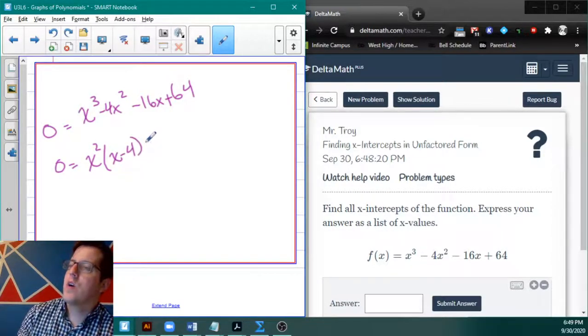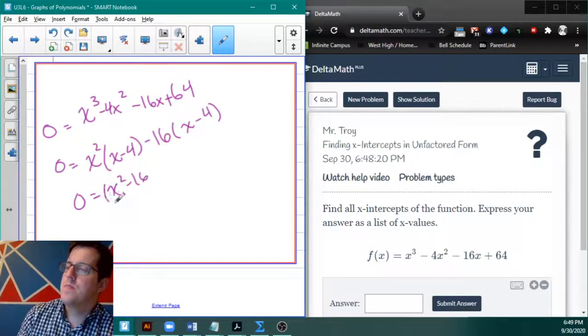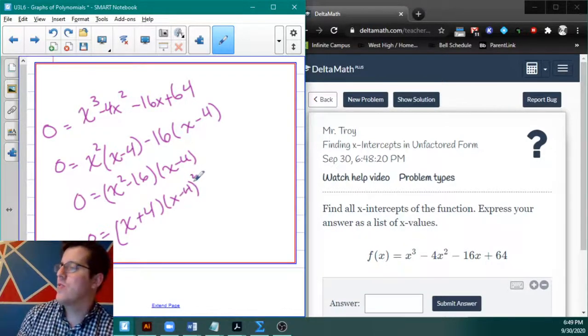And I'm going to factor out a minus 16, and I'm going to get an x minus 4. Well, that's neat. That's going to give me x squared minus 16 times x minus 4, which is x plus 4 times x minus 4 times x minus 4.